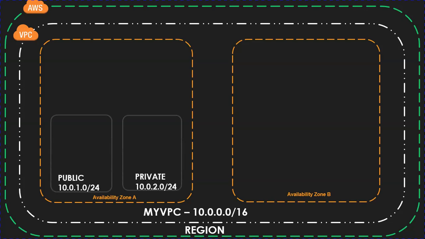Inside the VPC you will be creating subnets. So maybe a public subnet based on your application. For example, you will have a web server in a public subnet and a database server in a private subnet.